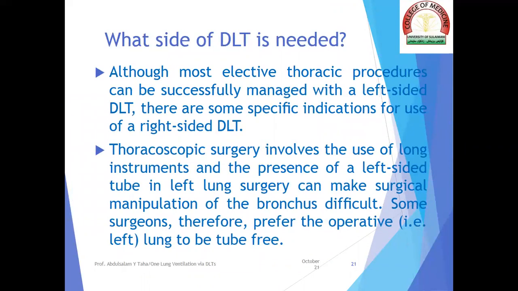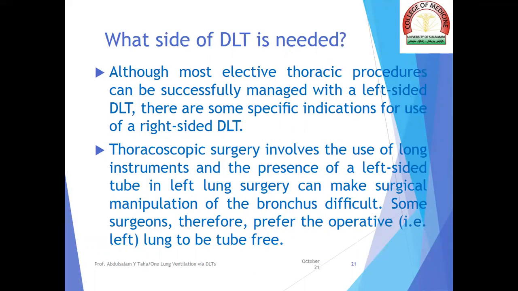First of all, when we have a patient in need of double lumen endotracheal intubation, we should answer the following questions. The first question: what side of double lumen tube is needed? Although most elective thoracic procedures can be successfully managed with a left-sided double lumen tube, there are some specific indications for use of a right-sided double lumen tube.